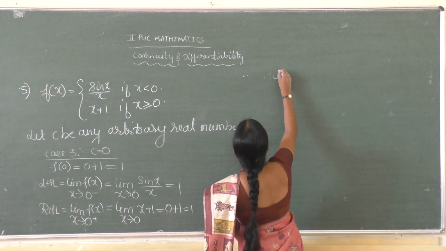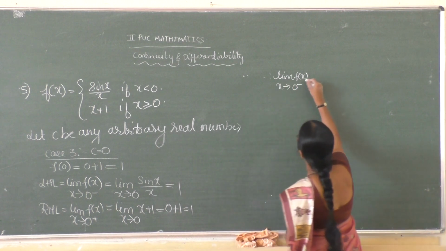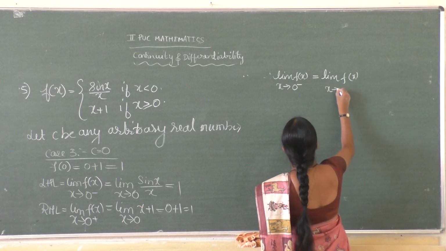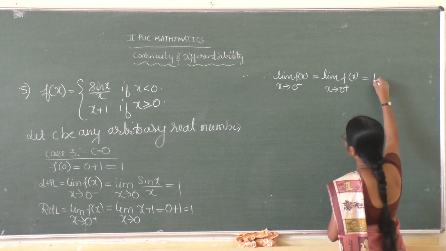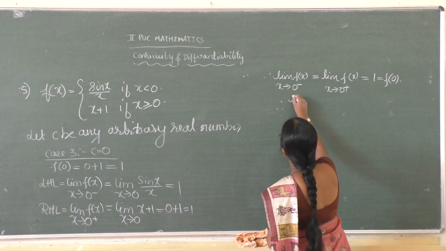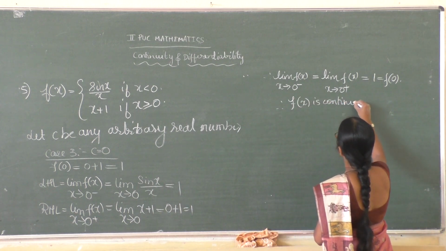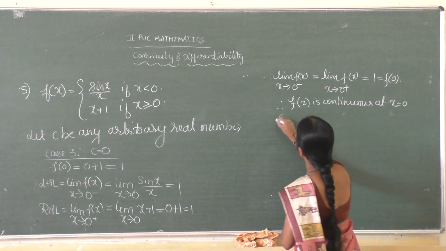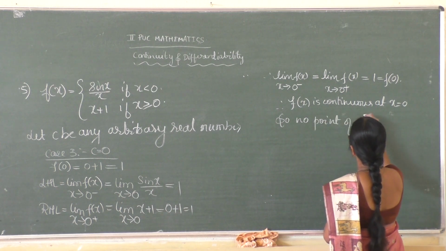Therefore the limit of f of x as x tends to 0 from the left side equals the limit from the right side, and that equals 1, which equals f of 0. Therefore f of x is continuous at x equal to 0. So no point of discontinuity.